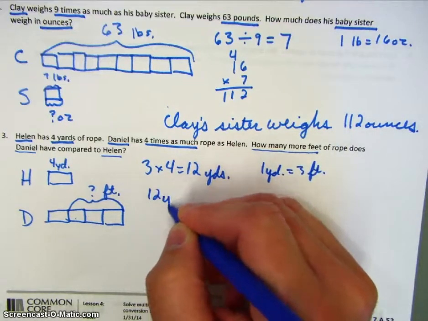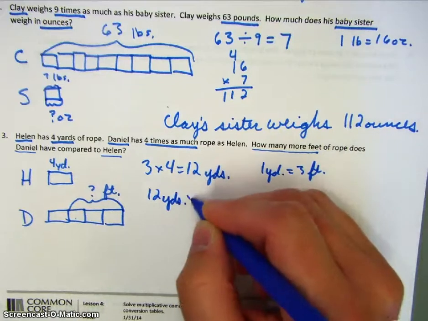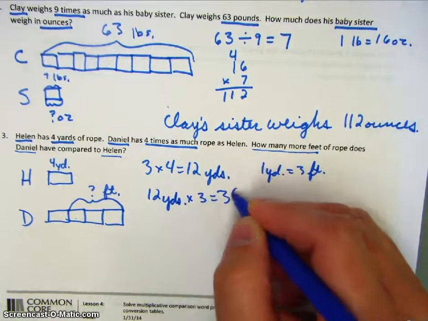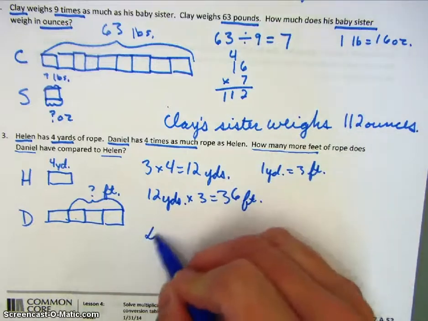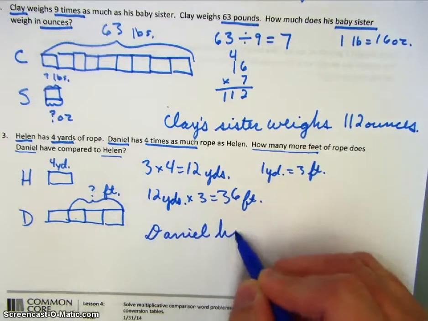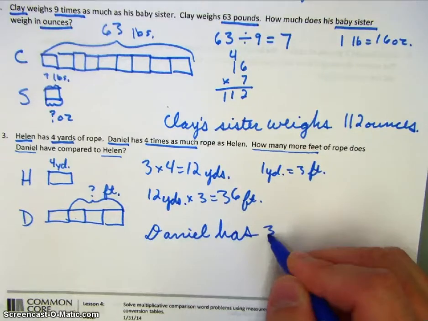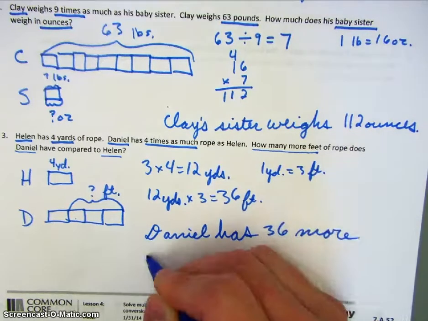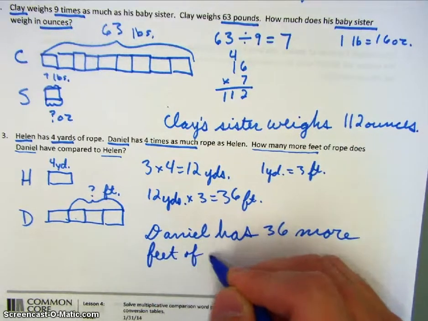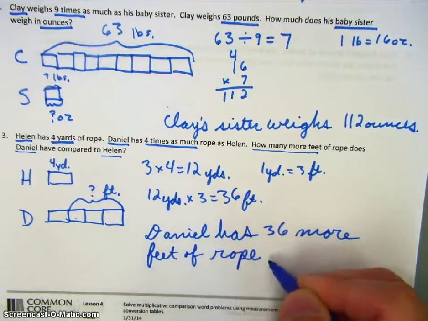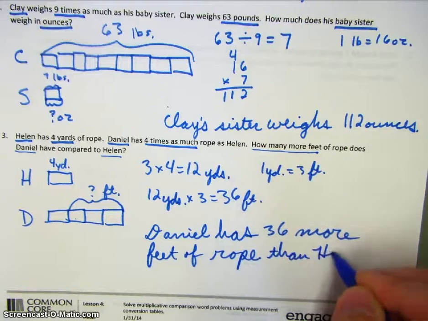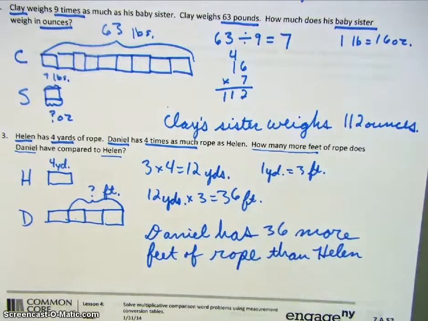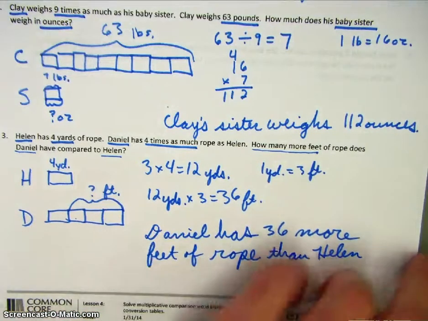So 12 yards times 3 gets us 36 feet. So Daniel has 36 more feet of rope than Helen. Remember to be very careful about those units and doing our conversions. So let's take a look at number 4.